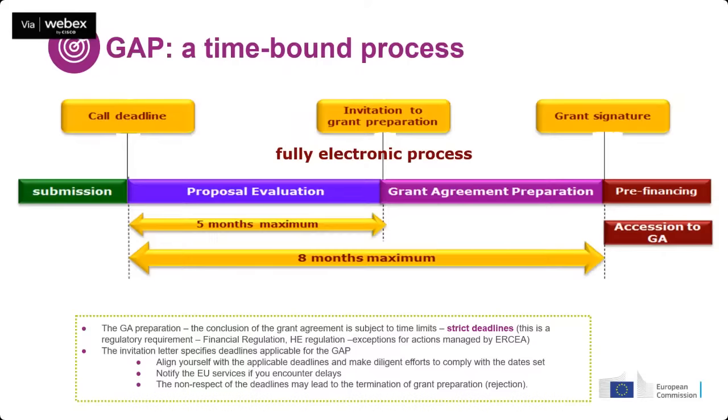For any action, if there is some kind of specificity, you will receive it when you receive the evaluation result letter informing you about the successful outcome. There you also always have the dates that inform you how much time you have to complete the process. Then you need to be acquainted with the time that you have, and on your side be very effective and try to notify us in case you encounter any delays.